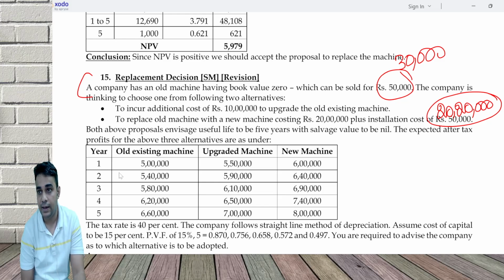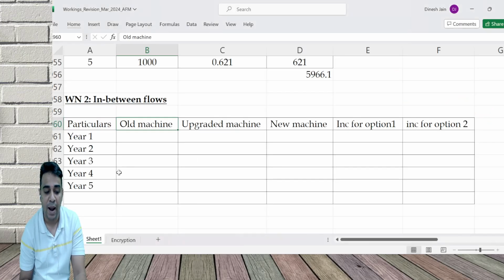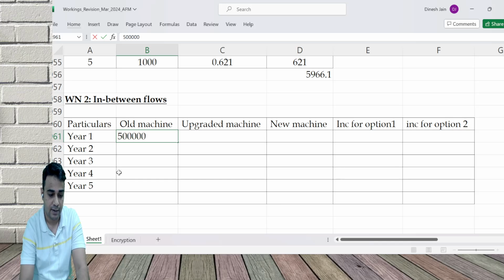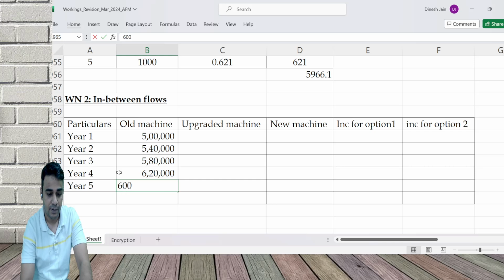It's already fully depreciated. Book value is 0. So PAT and cash flow are the same: 5 lakh, 5 lakh 40, 5 lakh 80, 6 lakh 20, 6 lakh 60.